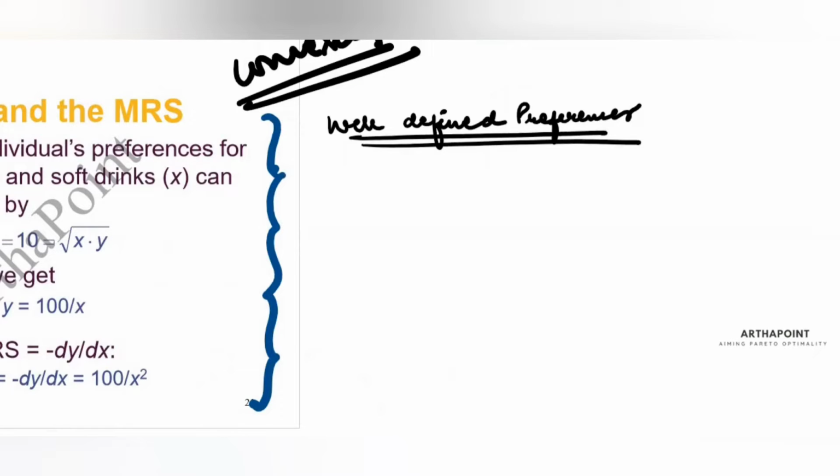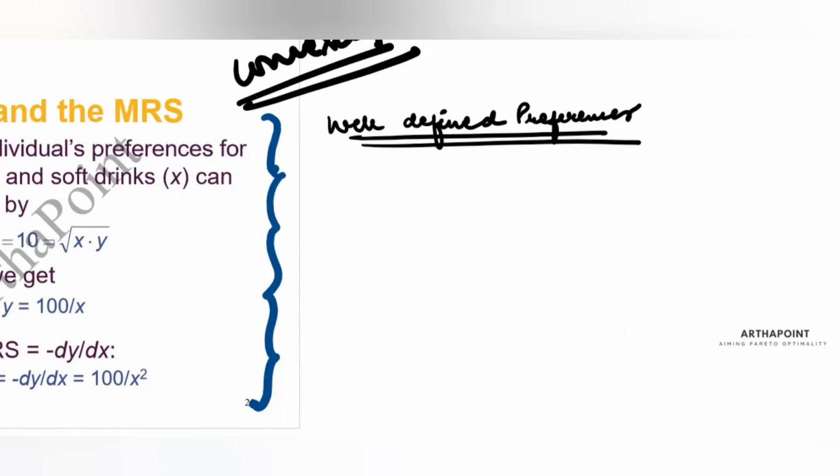We studied some of the very important properties related to indifference curve. One of which was it should be downward sloping. Secondly, it should be convex. Third, it should also follow monotonicity. Higher the indifference curve, more should be the utility, and so on.